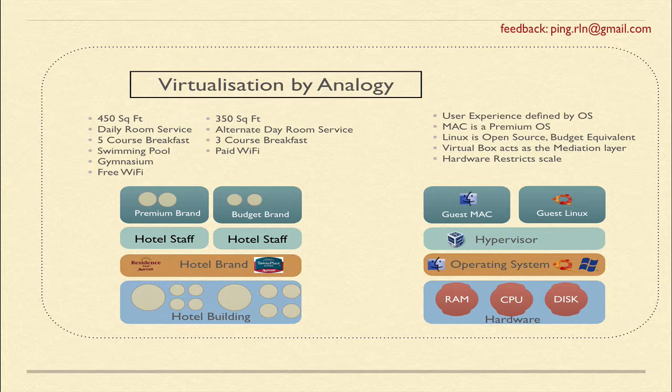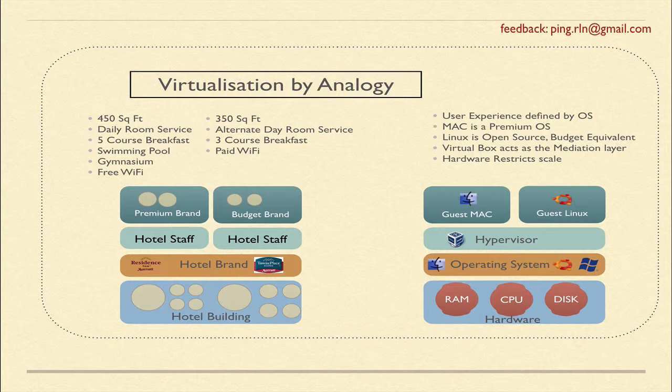So this is virtualization, and if I have to quote a real world example, it will be the example with the hotels on which we go and stay. The hardware of the hotels are the rooms and its amenities, and the experiences are defined by the hotel staff. Let's say, for example, the same hotel chain offering two different brand experiences, one a premium brand and the other one a budget brand.